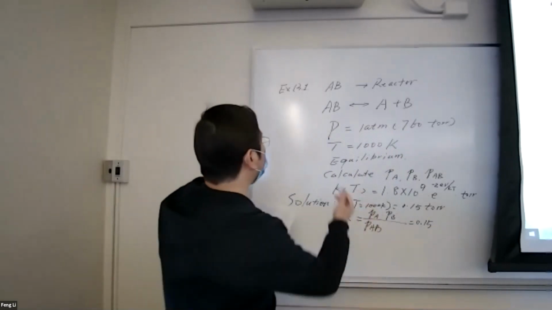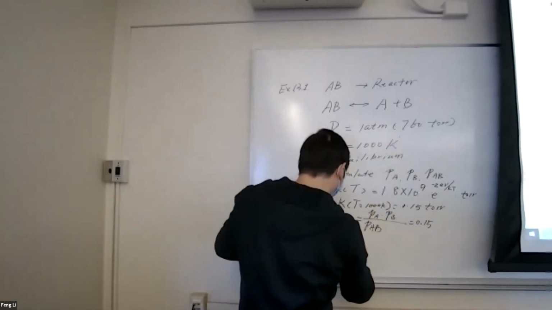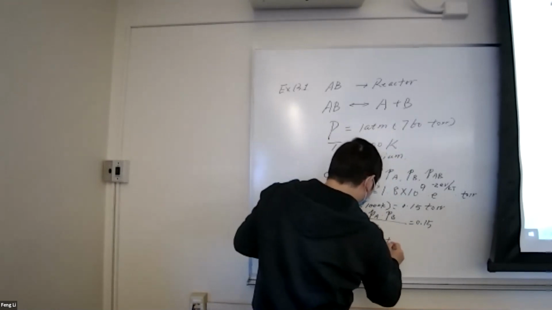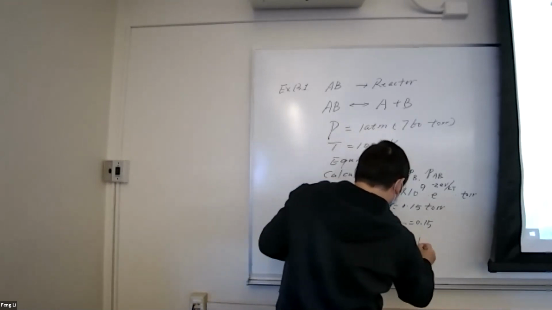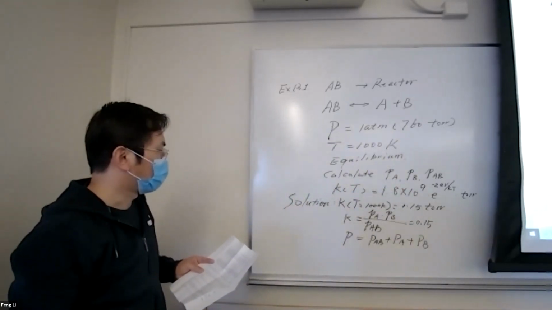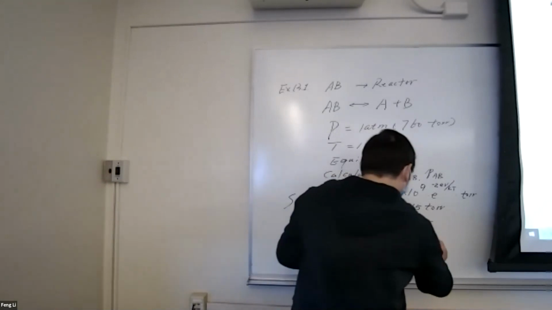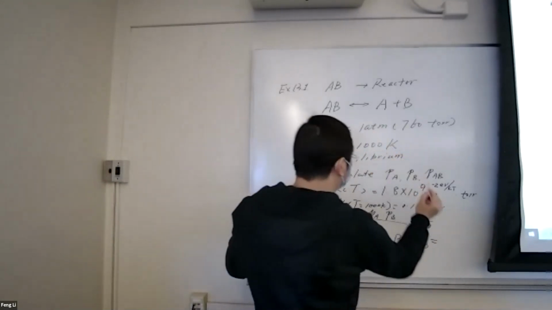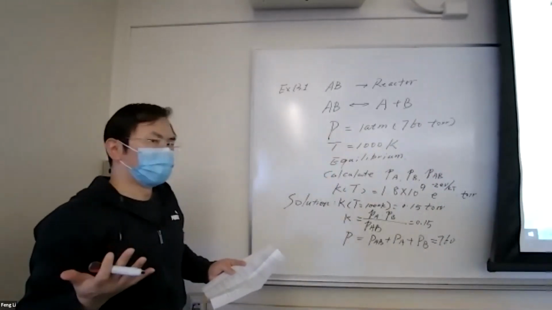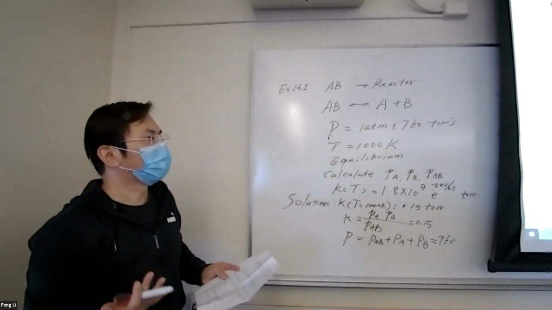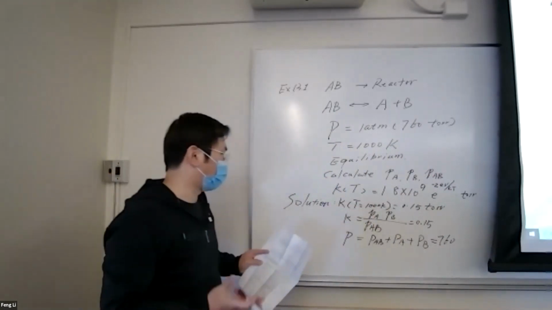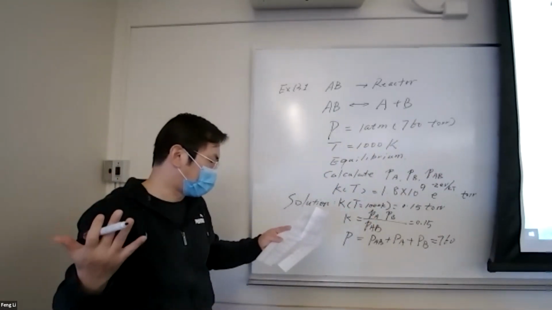And the overall pressure P is the sum of PAB, PA, and PB. So P is known, that is 764. Because we have 3 unknowns and only 2 equations, we need to find a third equation.